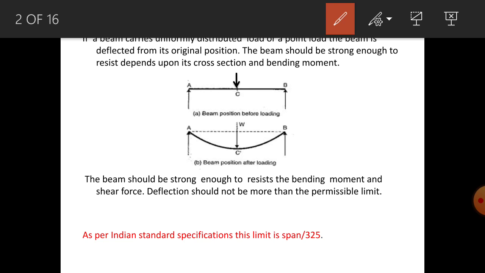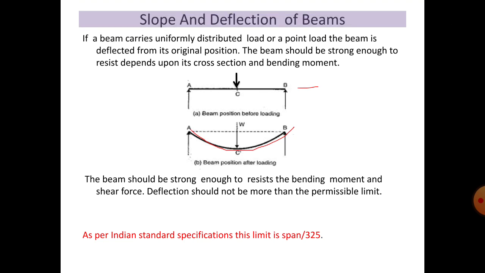You can see in this first picture that the beam is loaded at the point C, right? Due to that loading, there is a deflection of this beam. How much is that deflection, that is what we want to find out. When we load, what will be that deflection, that we want to find out.